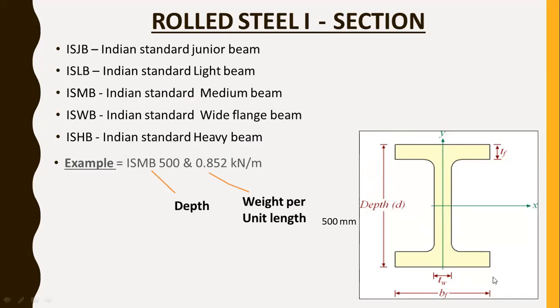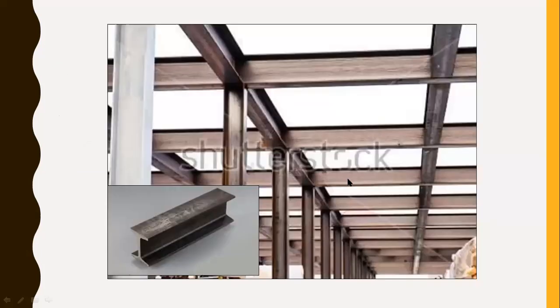And the width of this flange is known as bf, right? So actually the I section looks like this, as shown in this figure, right?